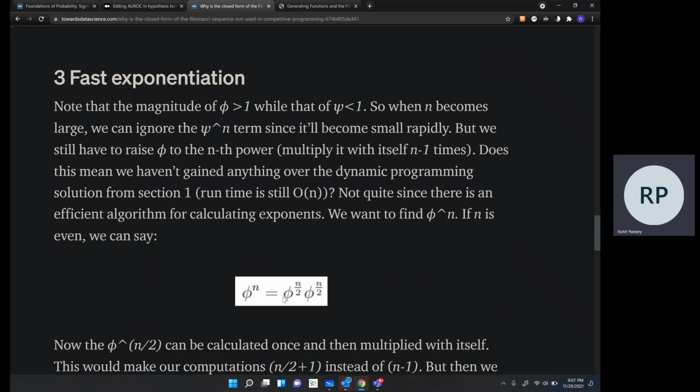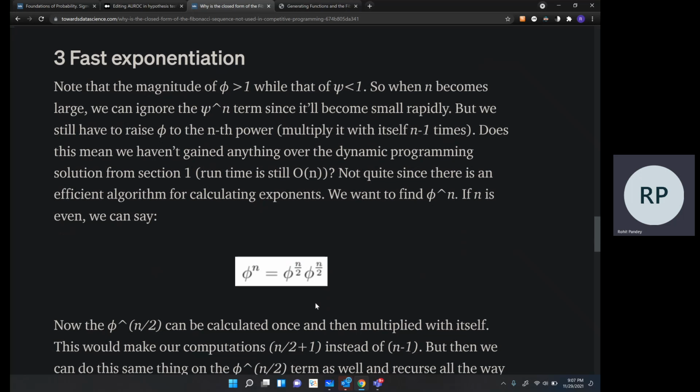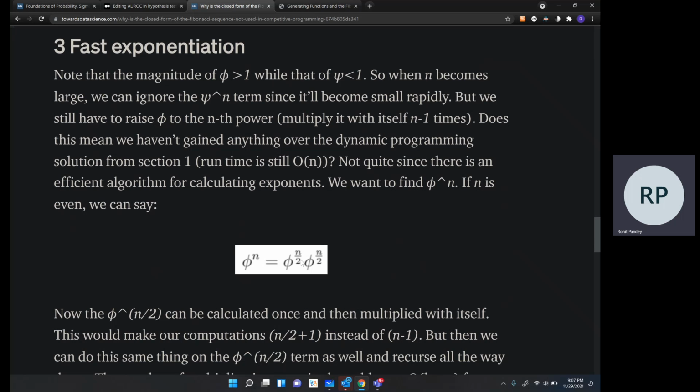Now once you calculate phi to the power n by 2, you don't need to calculate it again. You can just calculate it once and then multiply it with itself. So the number of multiplications went from n minus 1 to n by 2 minus 1 plus 1, right? n by 2 minus 1 multiplications here, and then one more for the squaring. And so, you went from n minus 1 to n by 2 multiplications.